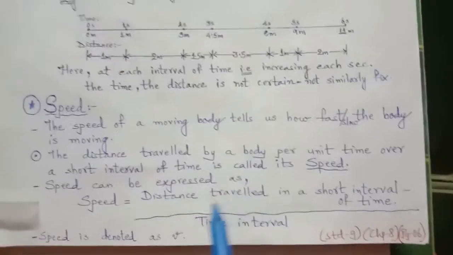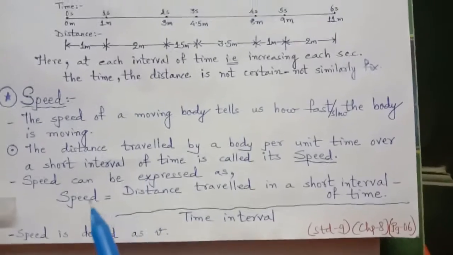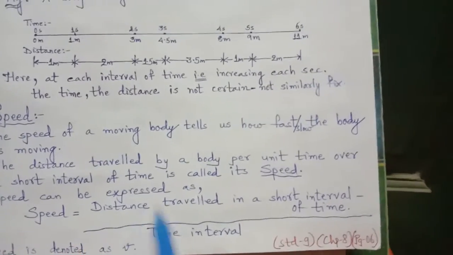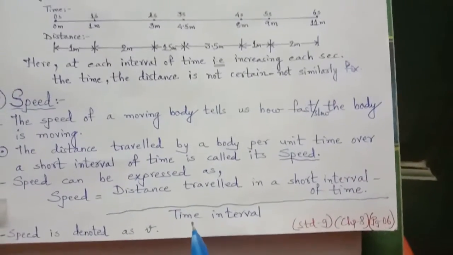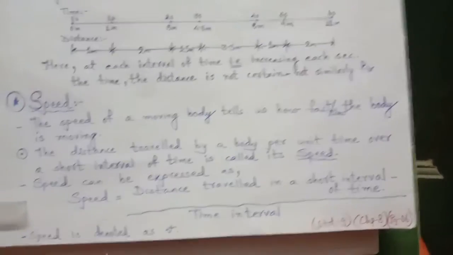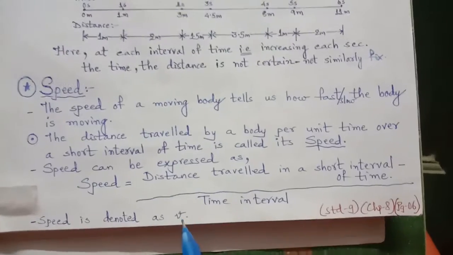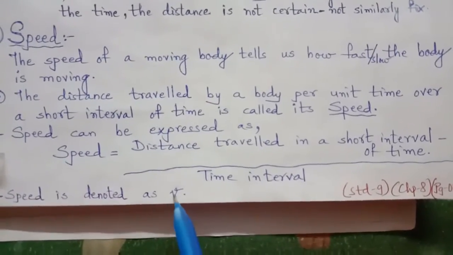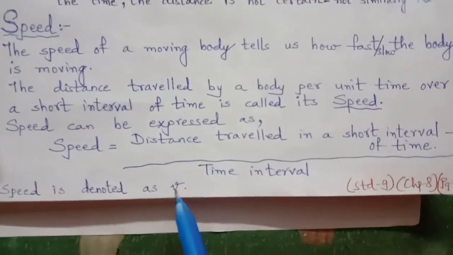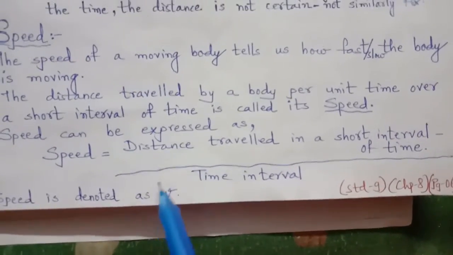Speed can be expressed in the formula like this. Speed is equal to distance travelled in a short interval of time divided by time interval. And speed is denoted by a cursive v. Right? You can see here small alphabet v, but in cursive writing.